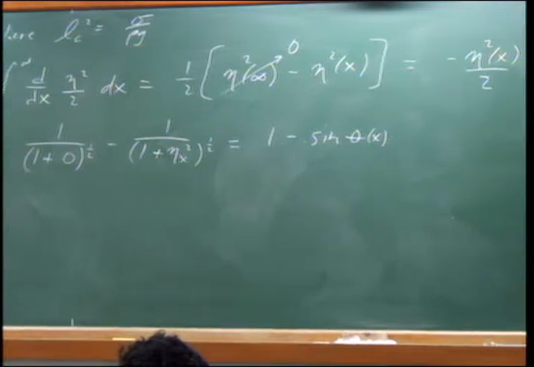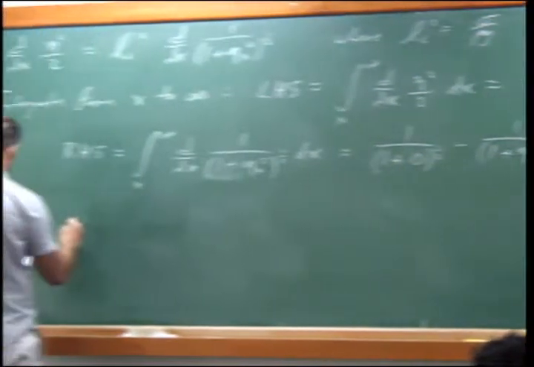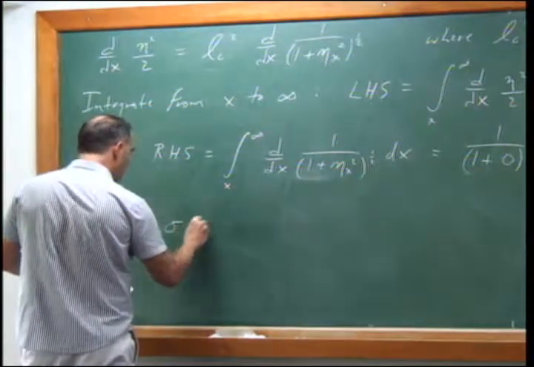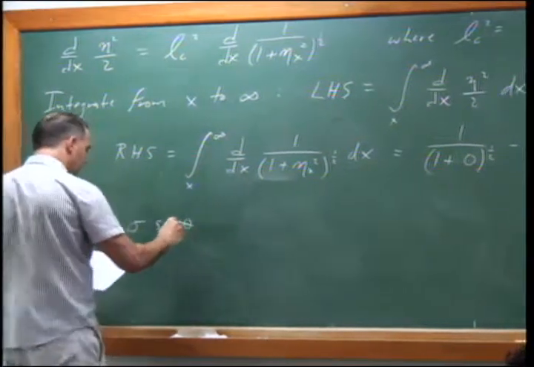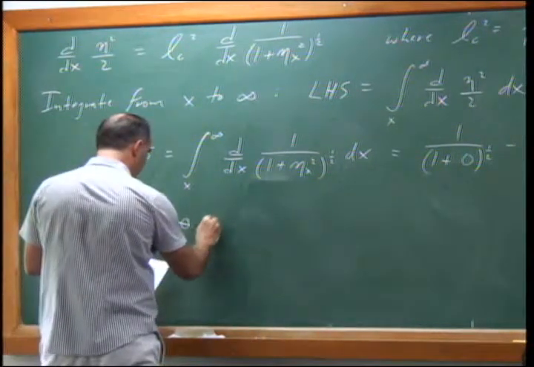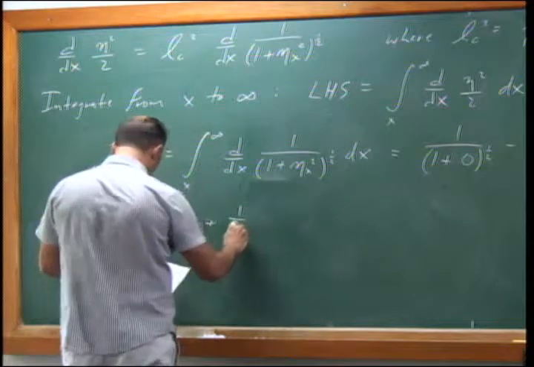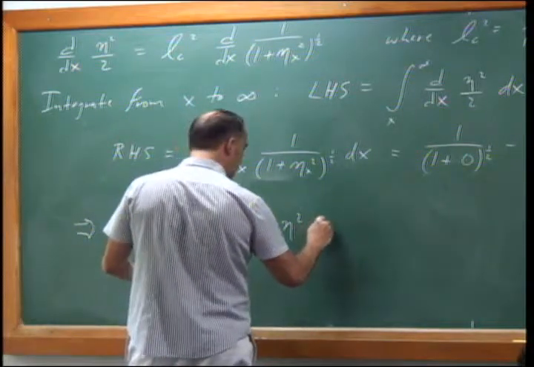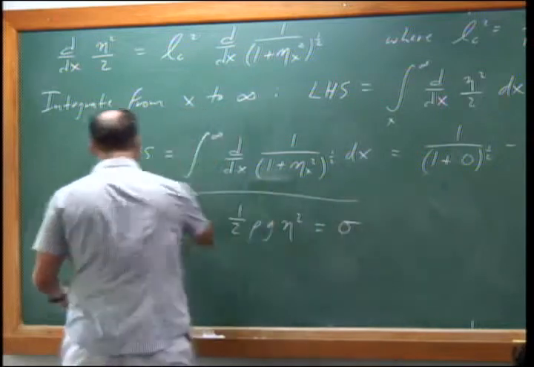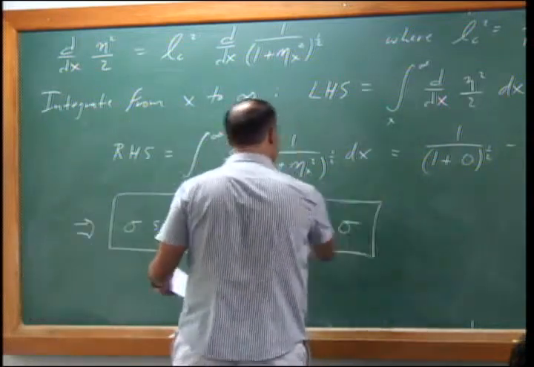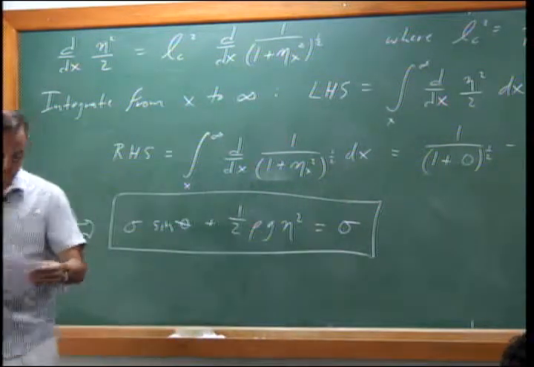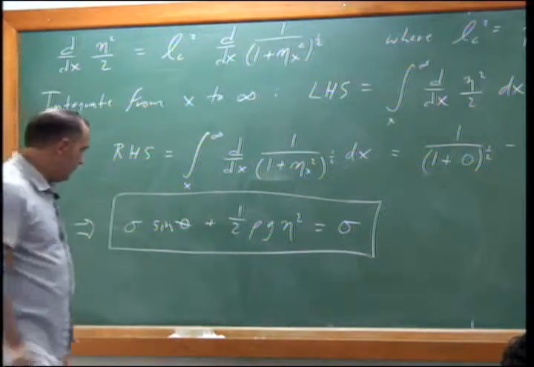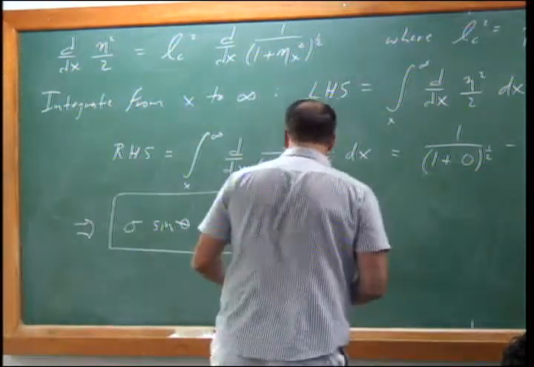So we have sigma sine theta, which is a pointwise statement along the interface, plus 1/2 rho g nu squared equal to sigma. That gives us the shape of the interface.